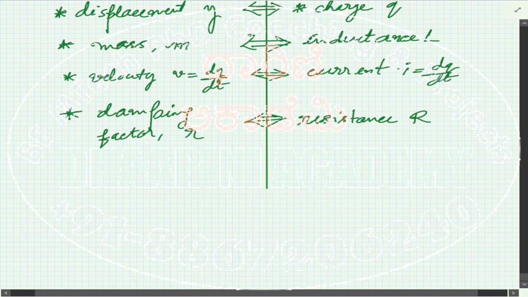Then after resistance, we have what is called a force constant.